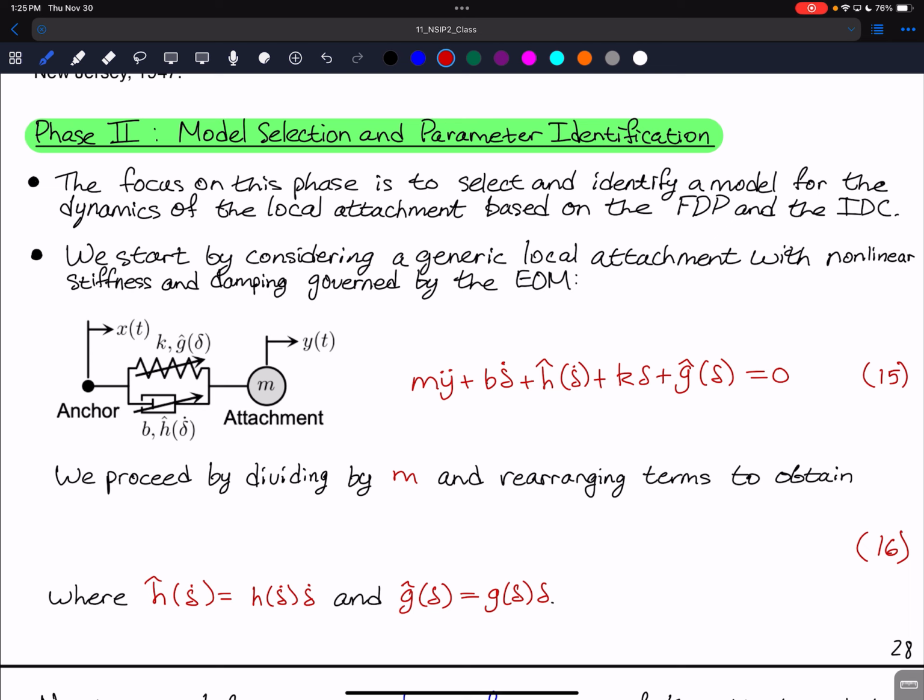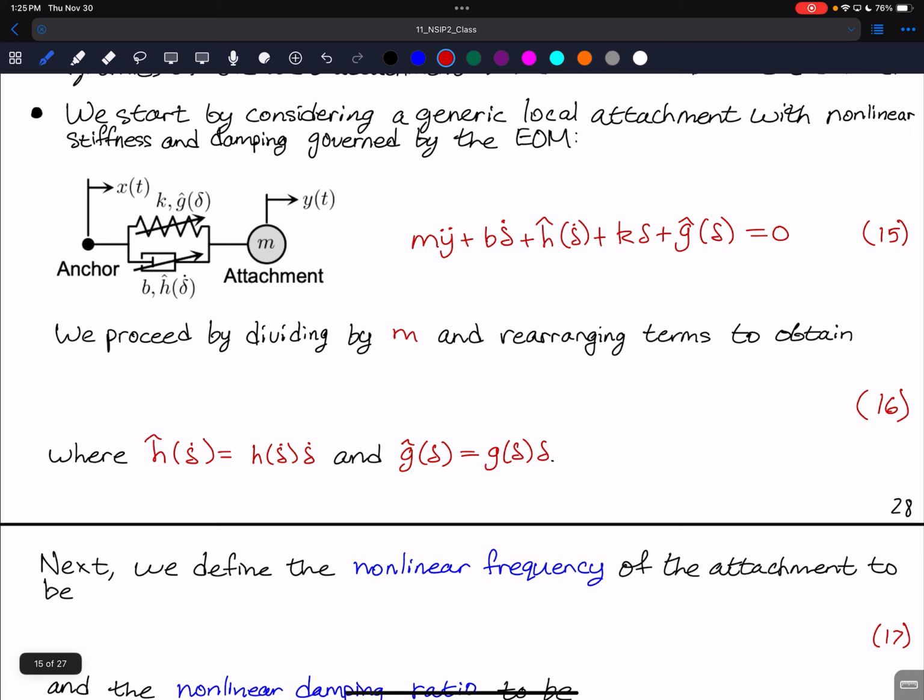We're going to proceed then by dividing by m, and we're going to rearrange terms to put it into the following form, where we'll have y double dot plus 1 divided by m times the quantity b plus h of delta dot, all of that multiplied by delta dot. So we pulled the delta dot out of h hat, plus 1 over m times the quantity k plus g of delta, all of that multiplied by delta. So again, we pulled the delta out of g, and that's all equal to 0.